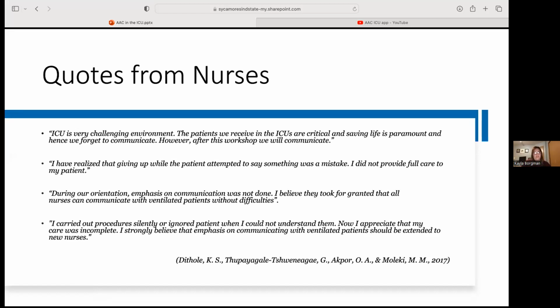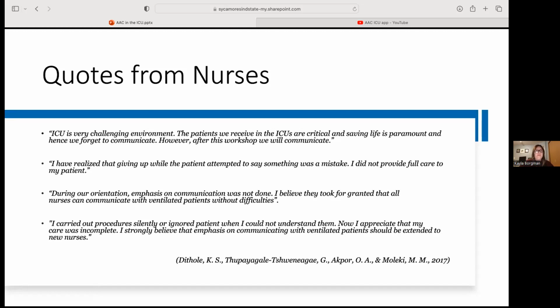These quotes were from a research study conducted at 2 ICU centers in Botswana, who primarily had individuals that were mechanically ventilated in their ICUs. These nurses went through workshops to learn about AAC devices and how to implement them in their patients' rooms and with their patients.